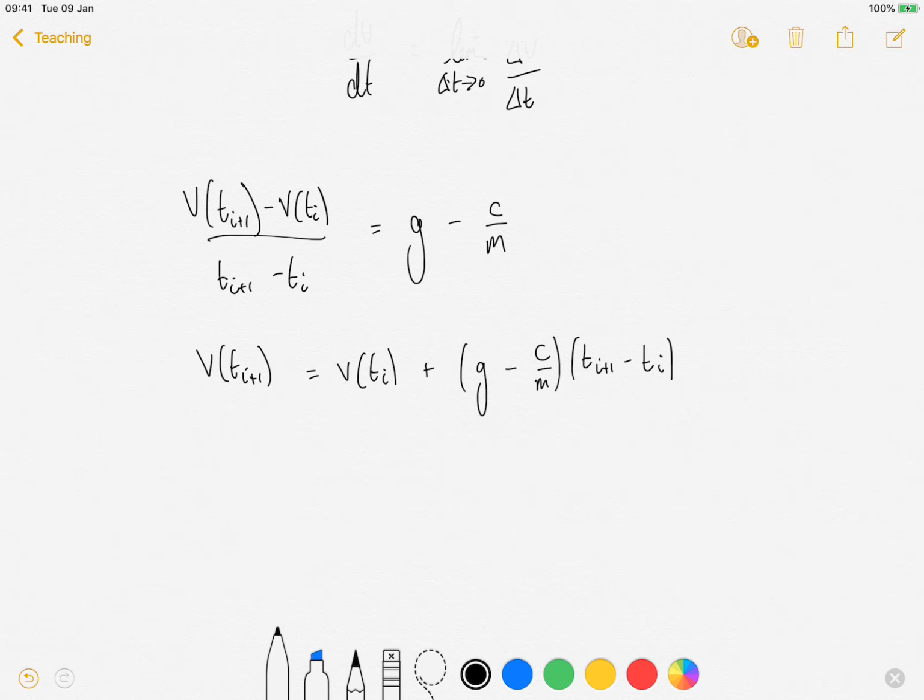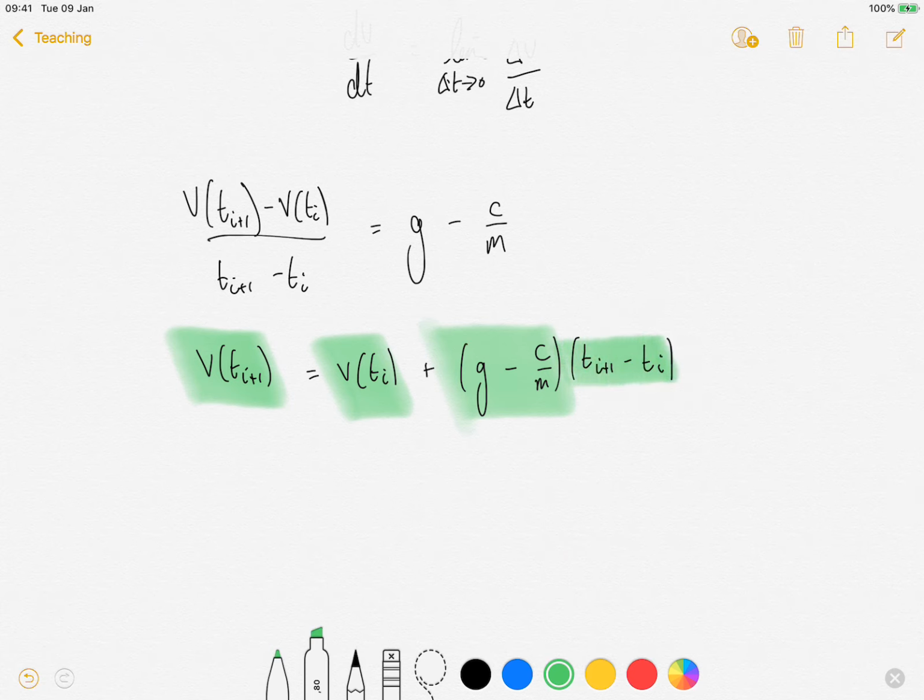Now hopefully this looks something familiar to what you've seen before. Here we have the new value of the velocity, v at t i plus 1, equal to the old value plus some constant multiplied by our time step.